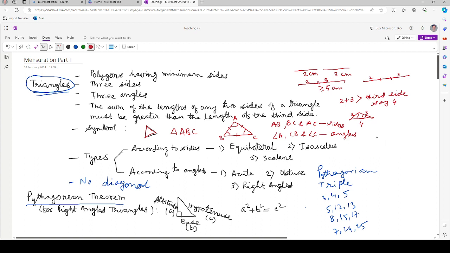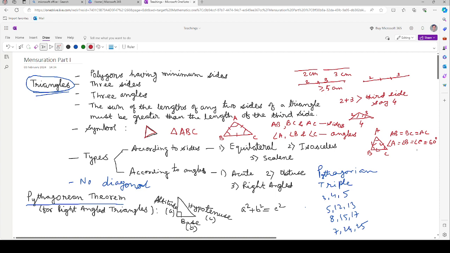In short, an equilateral triangle is a triangle which has three equal sides, that is AB equals BC equals AC, and three equal angles also, that is angle A equals angle B equals angle C. We know that the sum of three angles of a triangle is 180 degrees. So for an equilateral triangle, all angles are equal to each other, so each angle measures 60 degrees. 180 degrees divided by 3 equals 60 degrees.